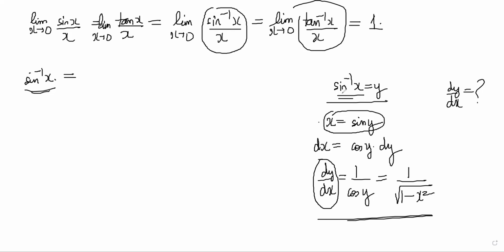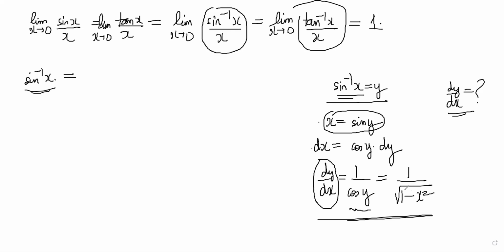Because sine inverse x is y, we have x is equal to sine y, and then differentiate like this separately. This side differentiation is dx, this side is cos y dy, and then dy by dx I wanted, so I have isolated that, and cos y should be root over 1 minus sine square y, which is root over 1 minus x square.